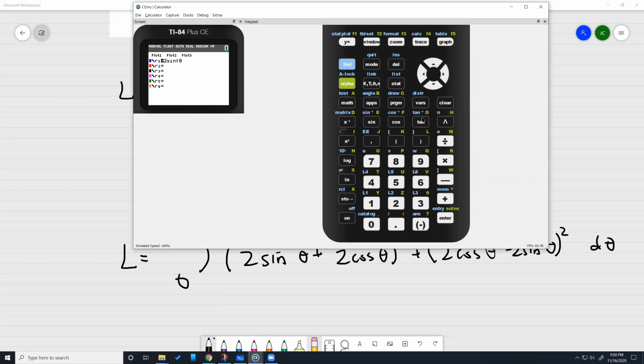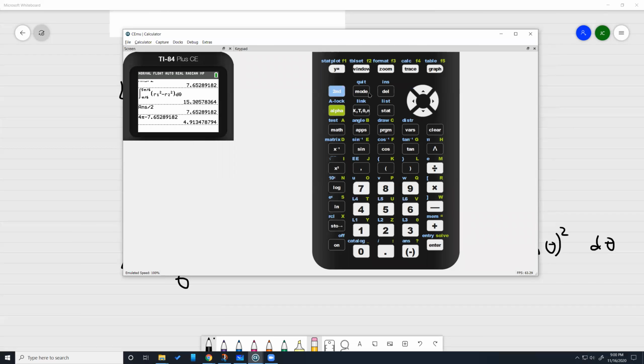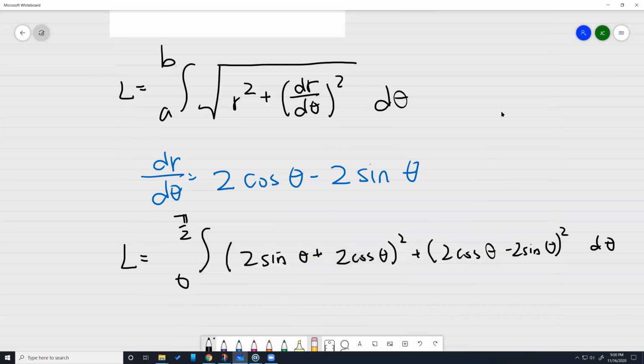2 sine theta plus 2 cosine theta. That's the first equation. And now the second equation is the derivative. Let me double check my work real quick. It's good. I just realized I'm supposed to take the square root of this as well.